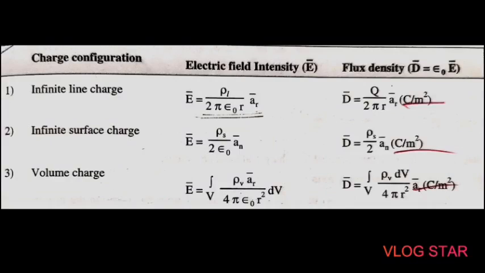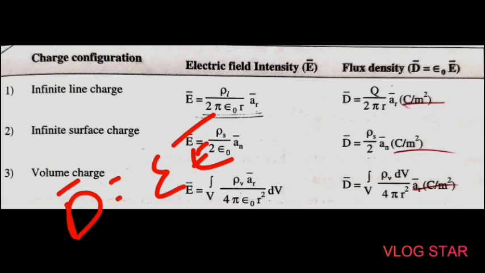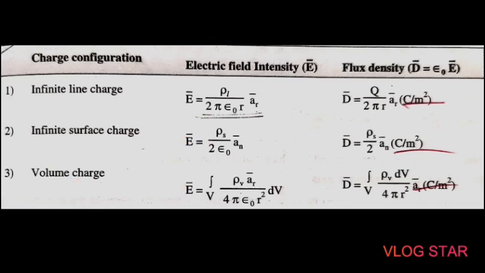As D bar and E bar are related as D bar is equal to epsilon 0 E bar, and we have derived equations of E bar for standard charge configurations, by using this relation we can develop equations of D bar. For charge configurations, the first is the infinite line charge.